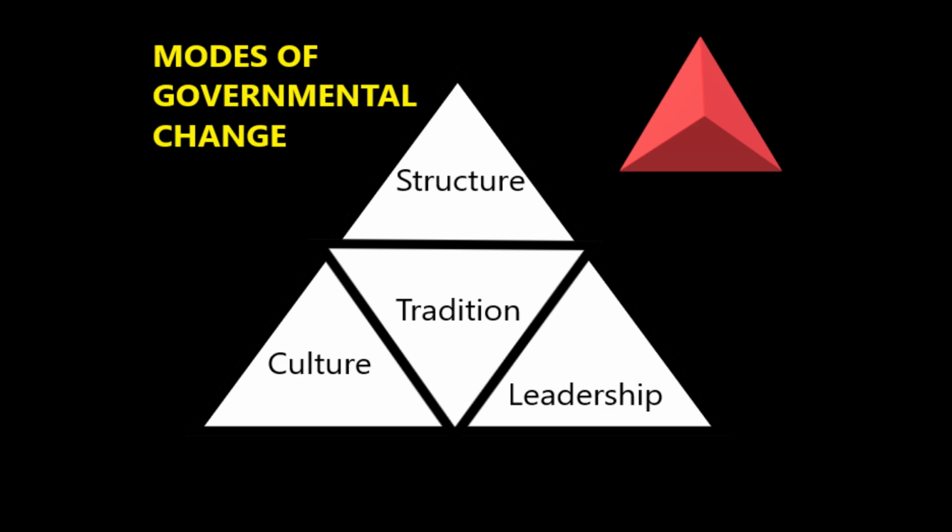So this is a method that requires the changing of the culture, leading to the changing of governmental norms, the changing of traditions, the changing of the types of leaders that, due to their contact with the culture, come to power, changing the type of governmental structure that, due to the culture, becomes viable.